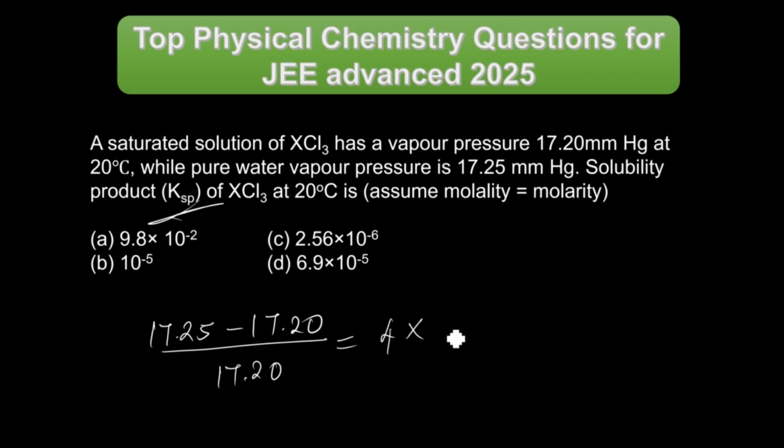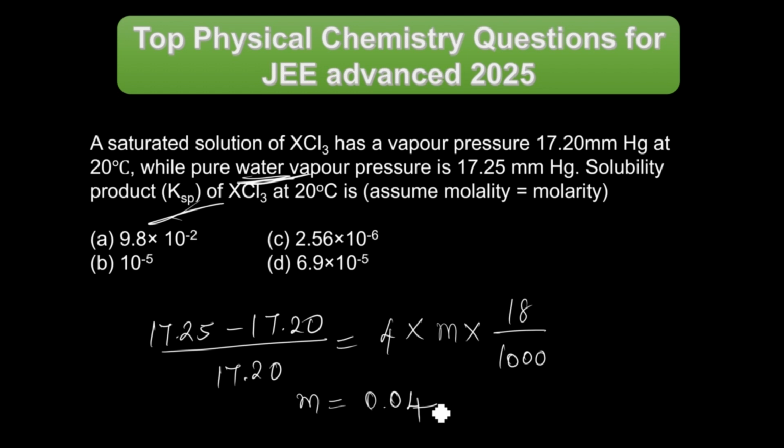So 4 into m into M solvent by 1000, right? So what is the solvent here? It is water. So I'm taking that as 18 by 1000, which by solving this, you will end up with m value. Correct? So the m value is approximately equal to 0.04.